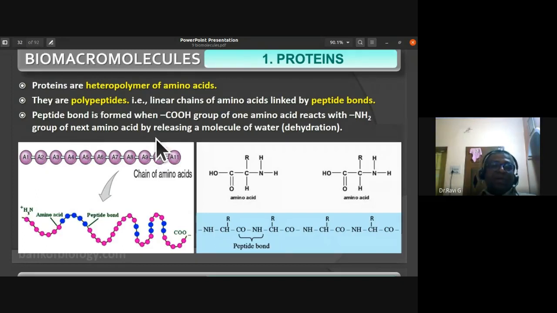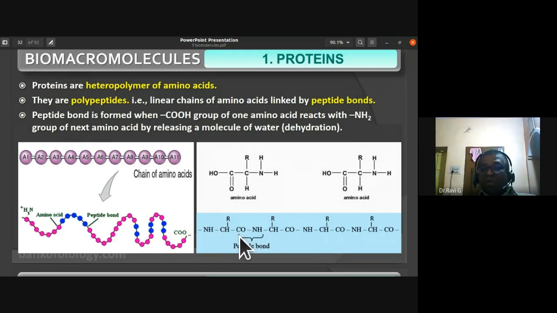So peptide bond is formed when the COOH group of one amino acid reacts with the NH2 group of the next amino acid by releasing a molecule of water, that is, dehydration takes place. So that is how the peptide bond is formed.